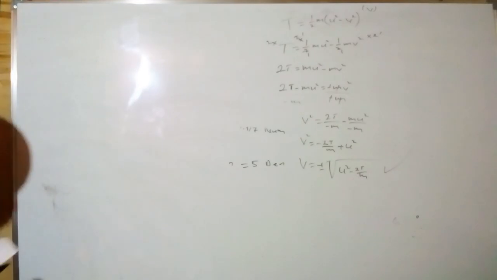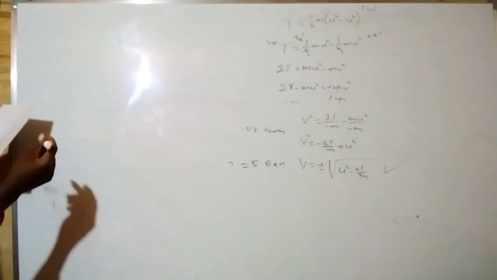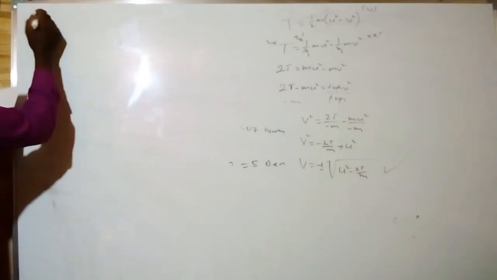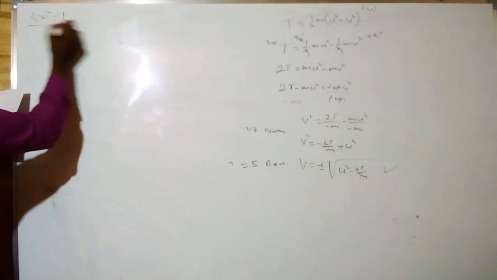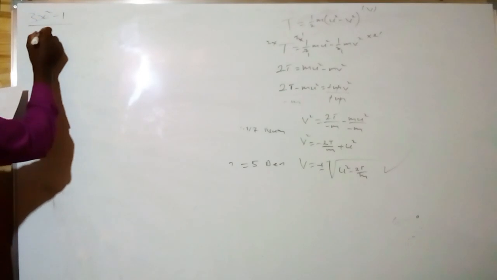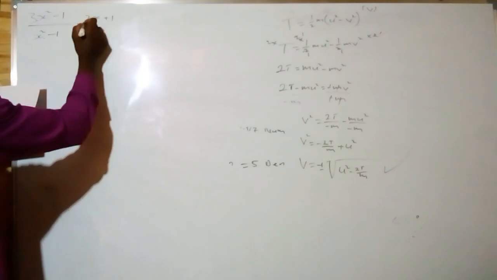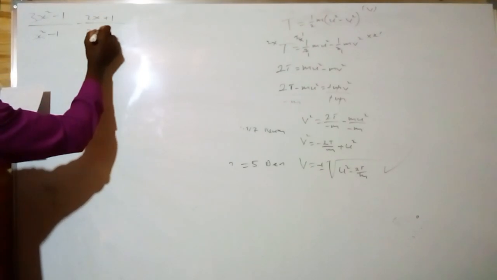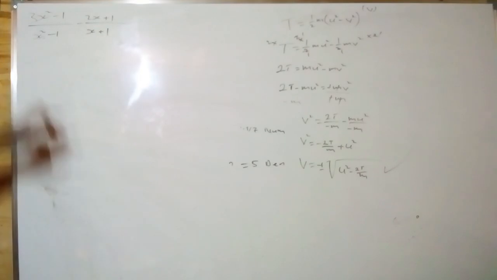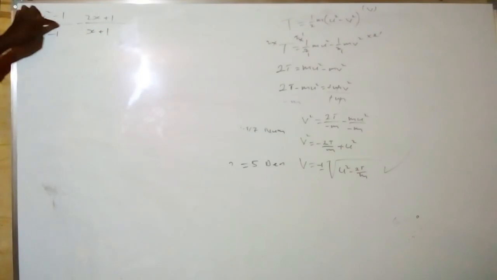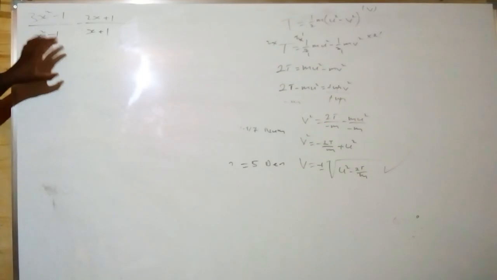You've been told to simplify completely: 3x squared minus 1 all over x squared minus 1, minus 2x plus 1 all over x plus 1. First of all, we can check whether we have values that we can cancel out or simplify completely.